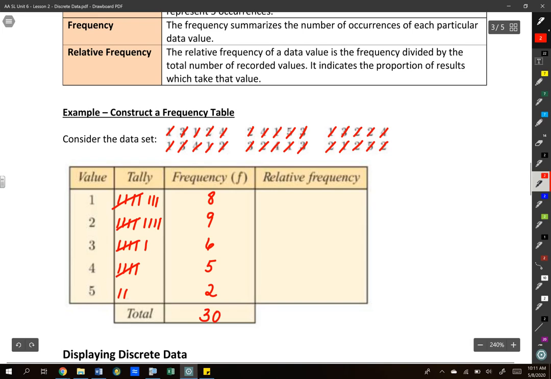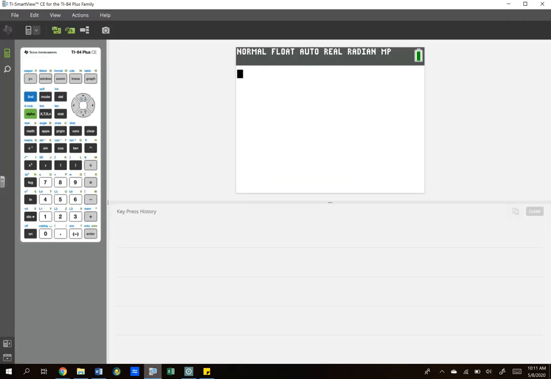Right, now the next part, we're going to find the relative frequency. So we're going to take the frequency divided by the total number of values. So I'll just write the fractions here really quickly. And you would just go to your calculator and put those values in. So for example, the first one is 8 divided by 30.